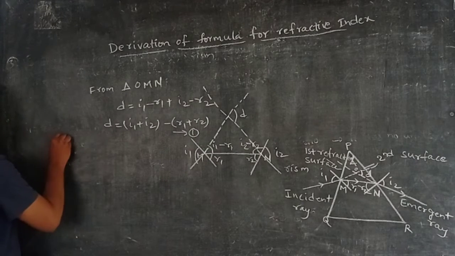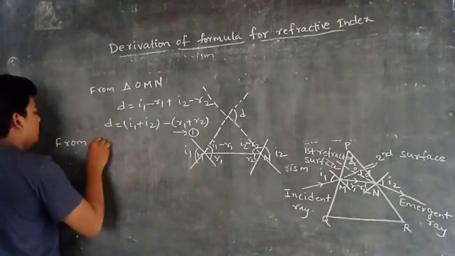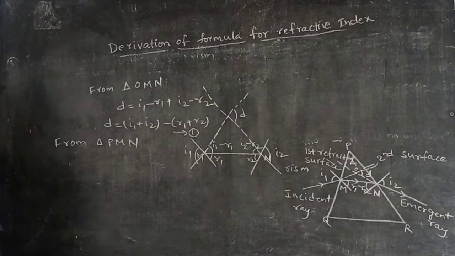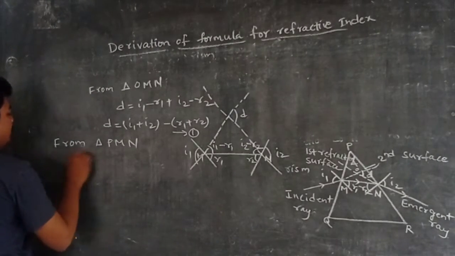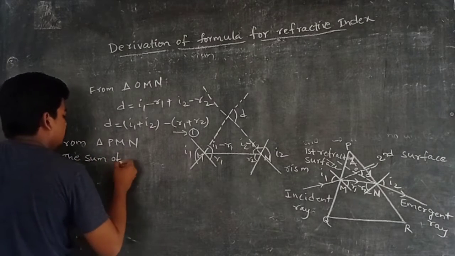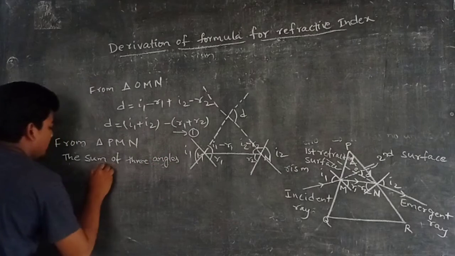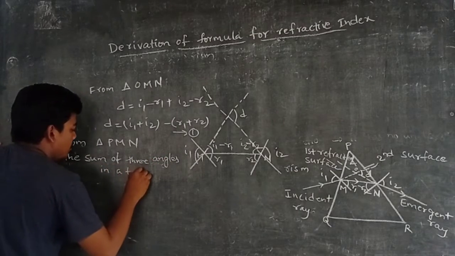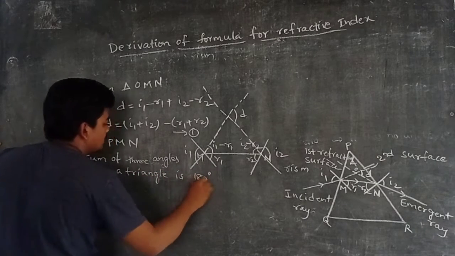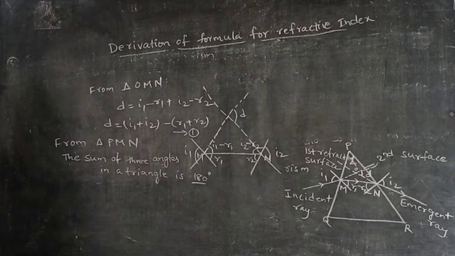From triangle PMN, we know that the sum of the three angles in a triangle is equal to 180 degrees.